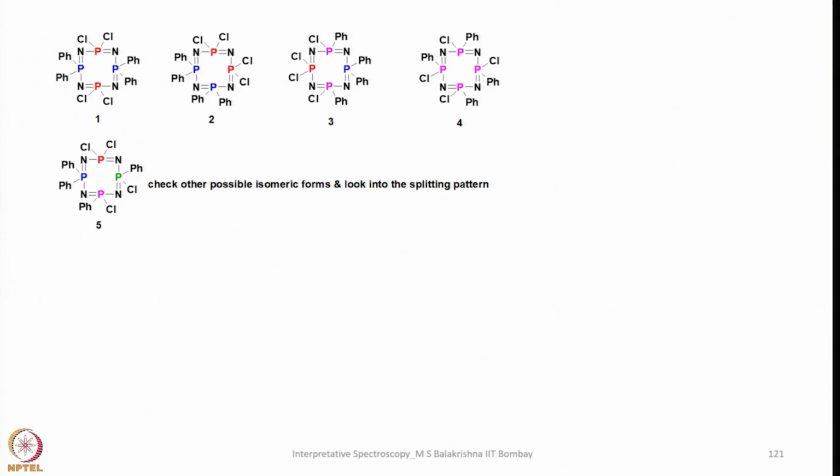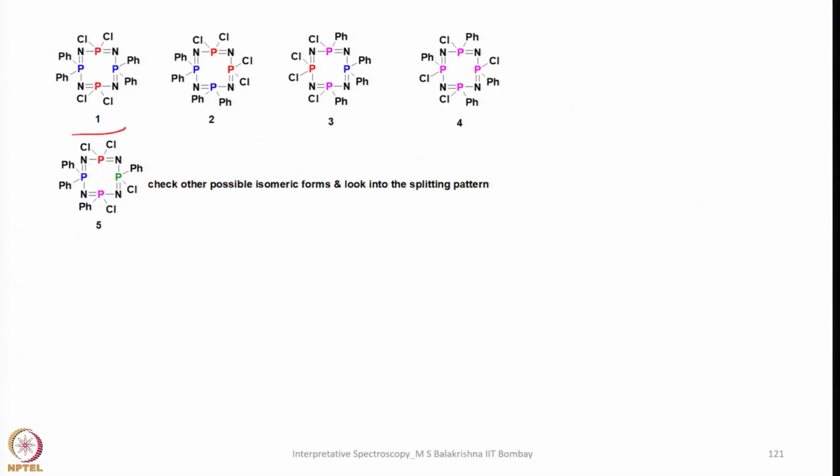In this simple one, we are looking only at coupling between non-equivalent phosphorus atoms. That is the reason I thought, to begin with, let us go for a simple one. This is one isomer. You can see in isomer 1, we have 2 different types of phosphorus. 2 of them on opposite sides are doubly substituted with phenyl, whereas the other 2 are with chlorine, and it is a very symmetric molecule.